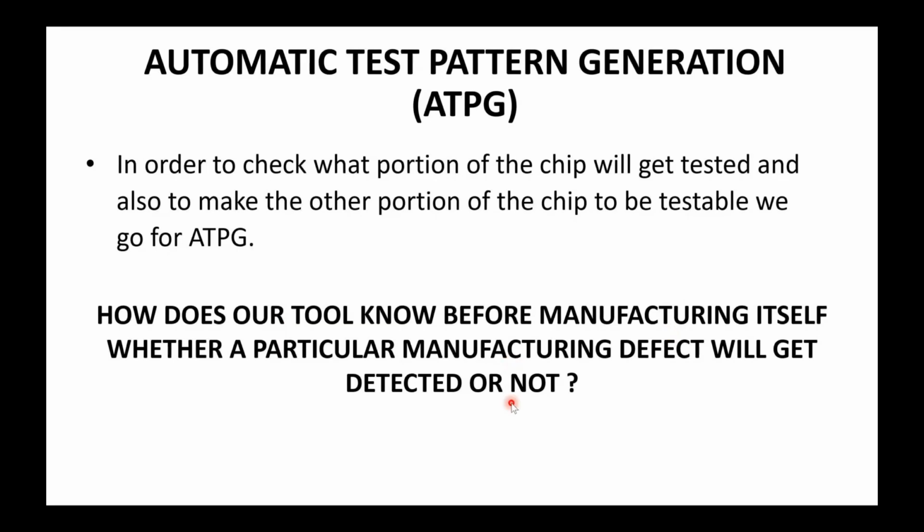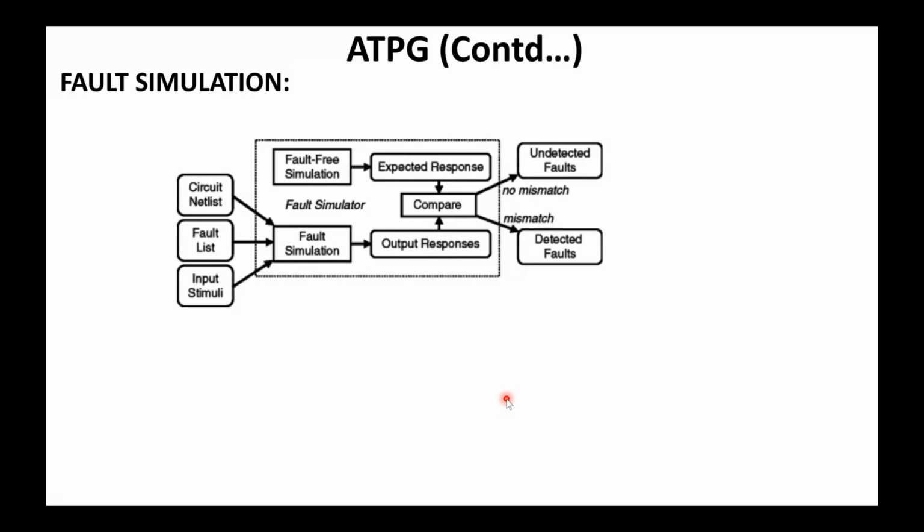The answer to this question is that our tool performs a process called fault simulation. We give the design to our ATPG tool. The ATPG tool keeps that design as such, that is the good design, the good machine.